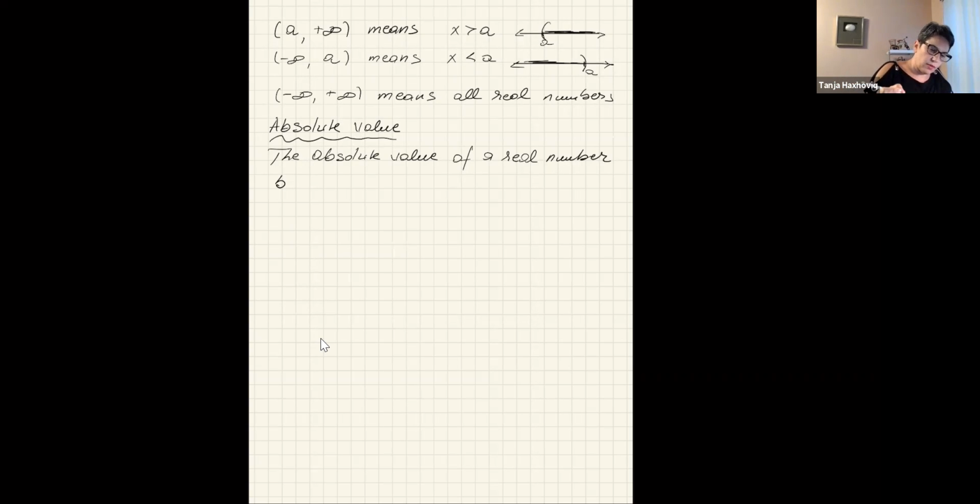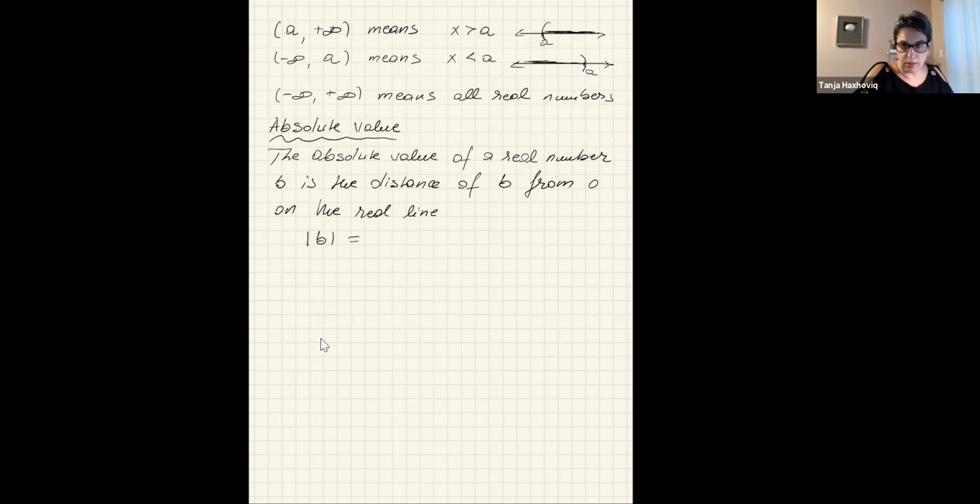So the absolute value of number b is the distance between the number b and 0 on the real line. So, this is the notation for the absolute value.